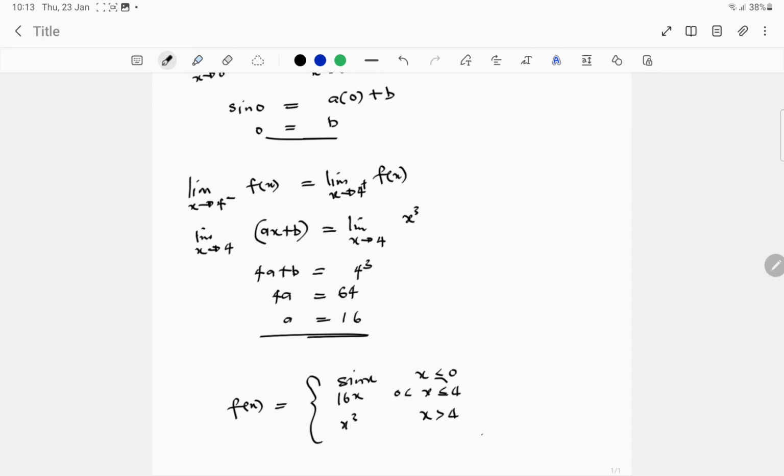So that's it for this question. This function is actually continuous on R.